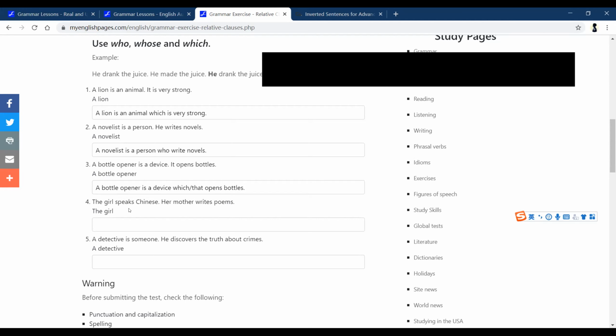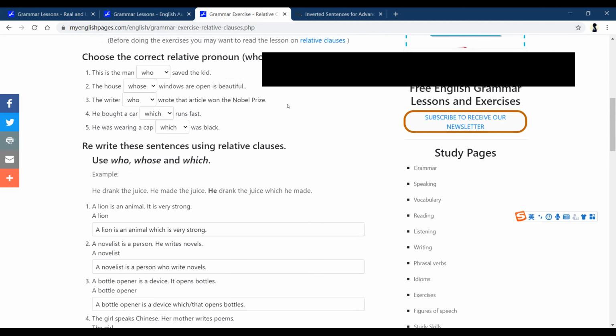And the fourth one, the girl speaks Chinese. Her mother writes poems. This is a bit tricky because it's not using the logic we said like before this question. So let's explain this a bit. The girl speaks Chinese and the girl's mother writes poems. If you see this example, the house whose windows are open is beautiful.